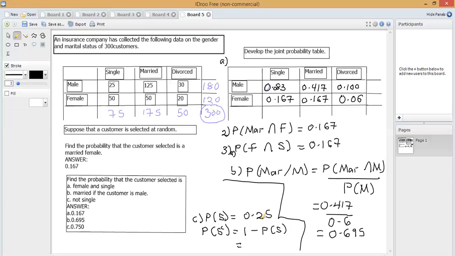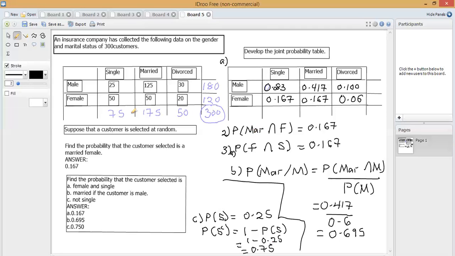So if your probability of single is 0.25, its complement is going to be 1 minus 0.25, which is equal to 0.75.